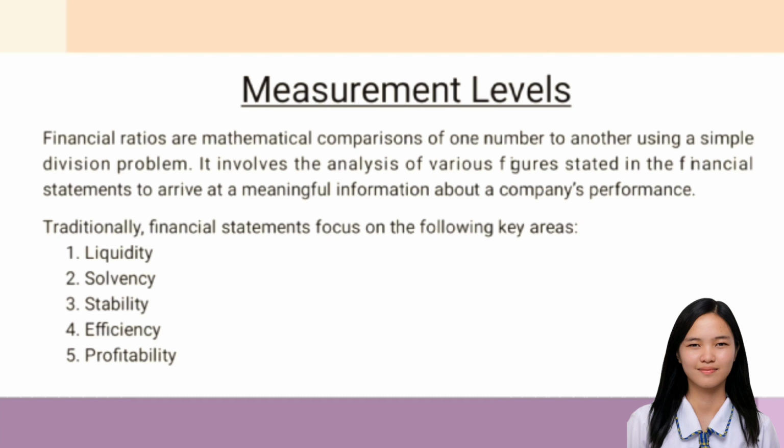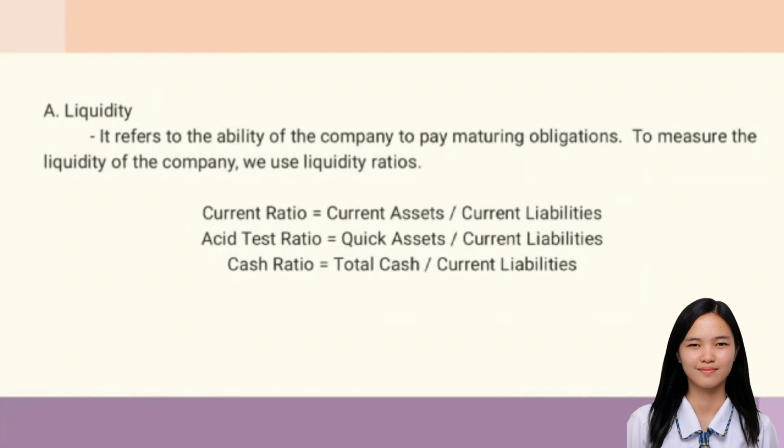First, we will discuss what liquidity is. Liquidity refers to the ability of the company to pay maturing obligation. To measure the liquidity of the company, we use liquidity ratios. So what is liquidity ratios? Liquidity ratios determine whether an entity can be able to pay for current liabilities as they become due with the use of current assets.